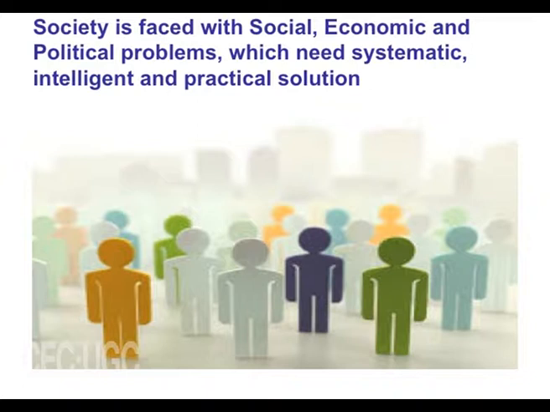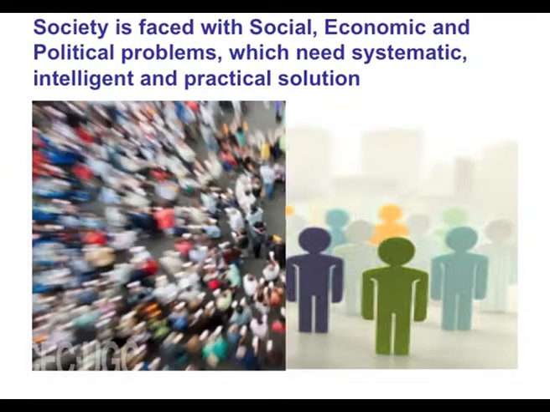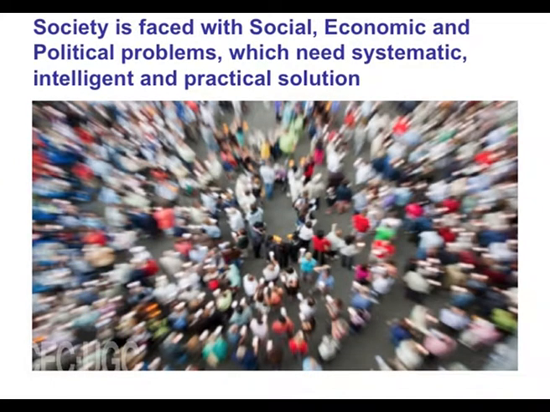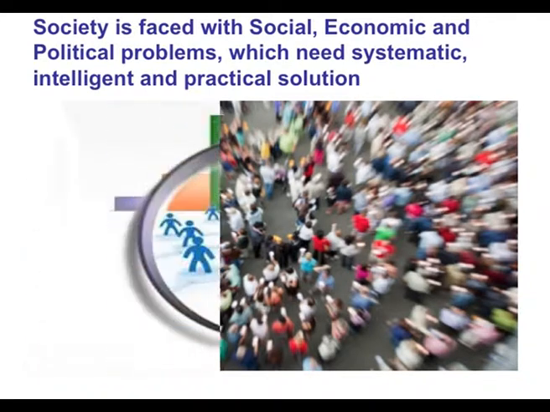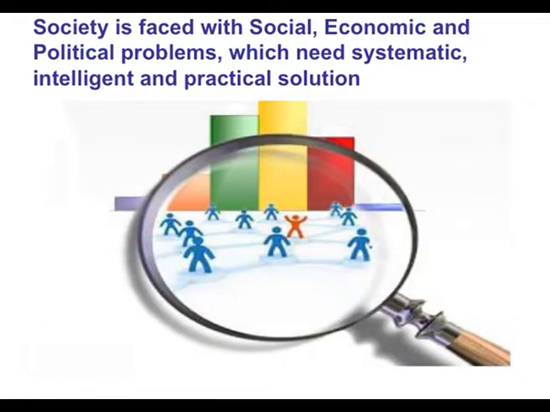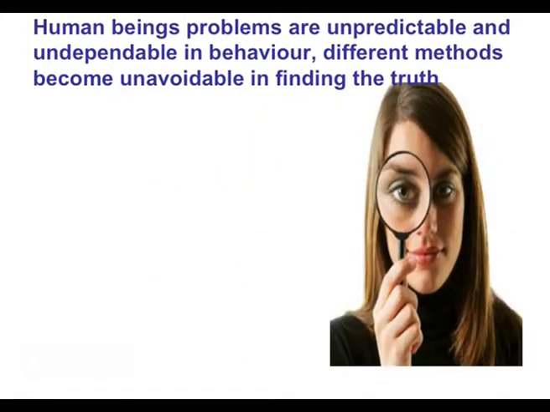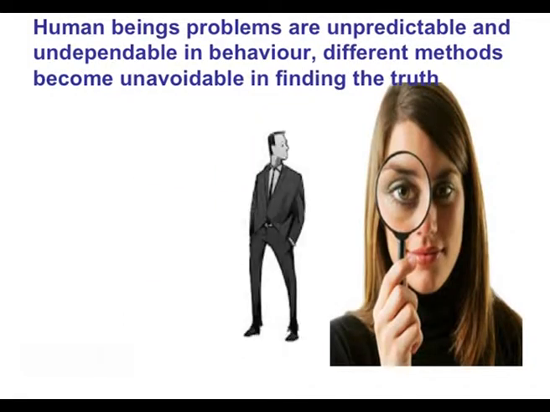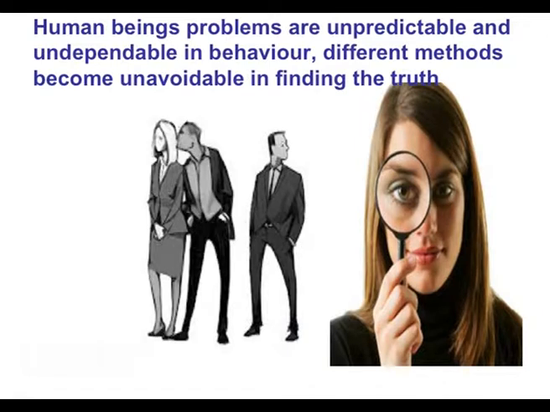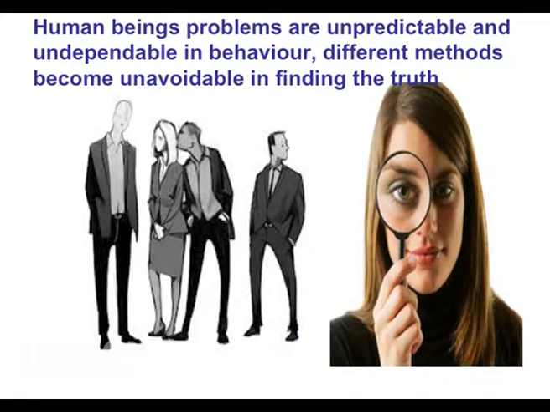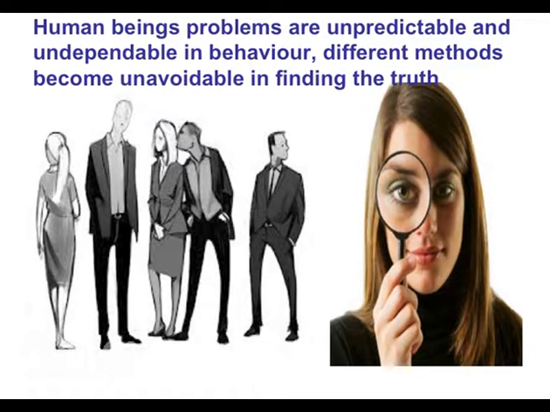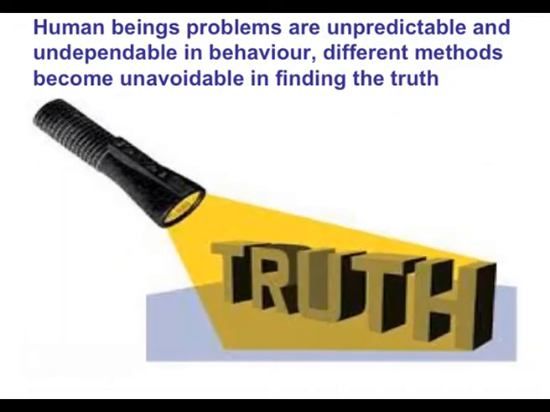Every society today is faced with serious social, economic and political problems which need systematic, intelligent and practical solutions. Since these problems deal with human beings who are both unpredictable and undependable in behavior, therefore, different methods become unavoidable in finding the truth.